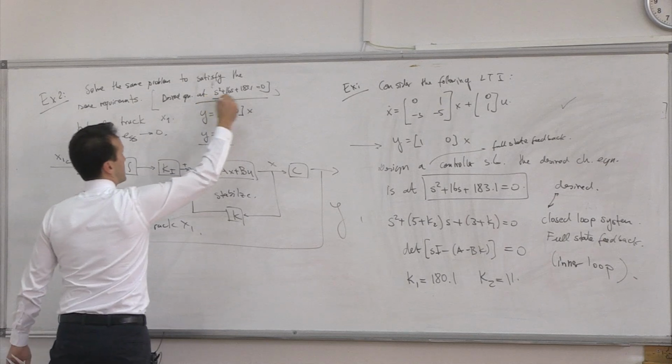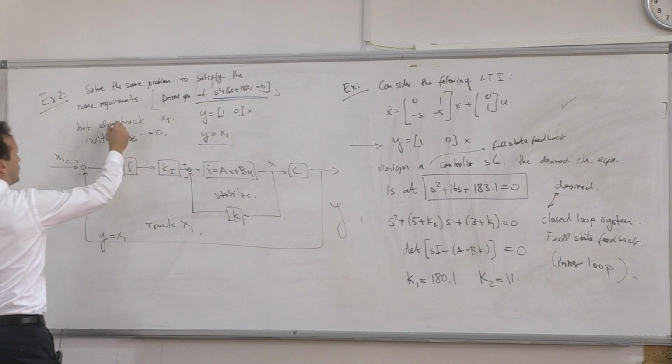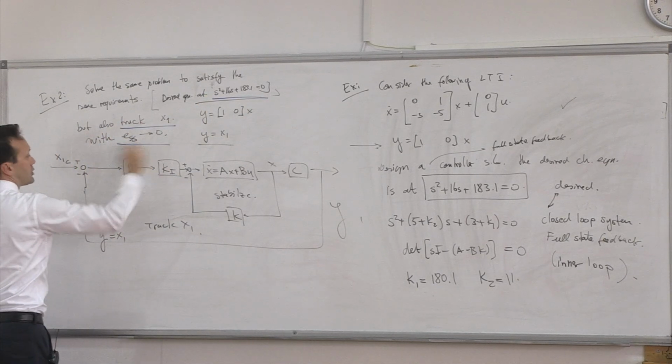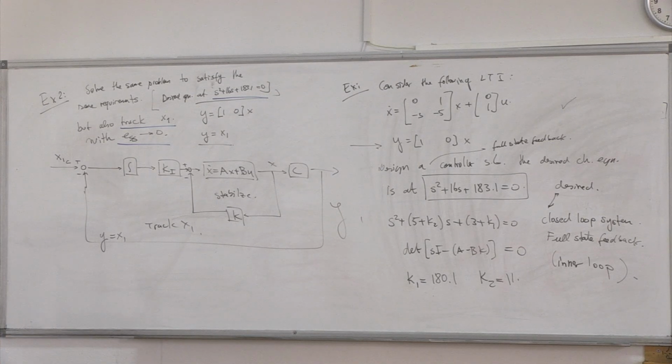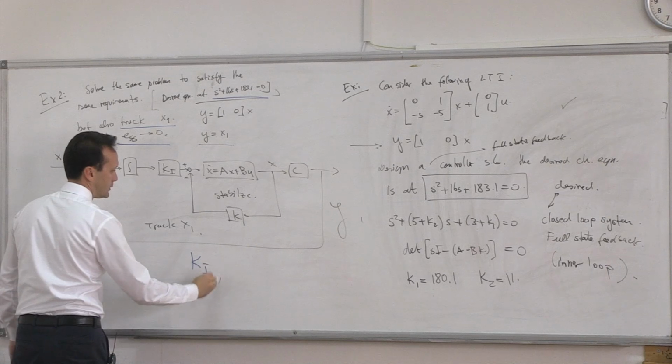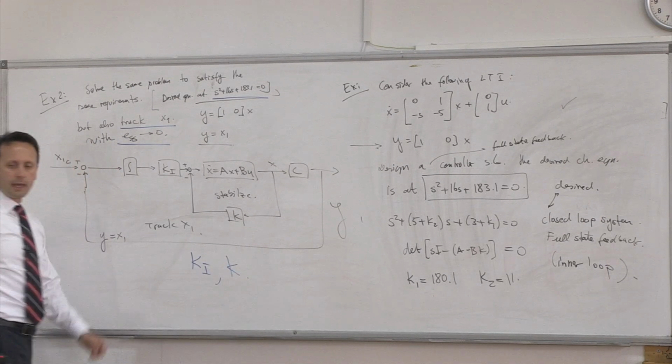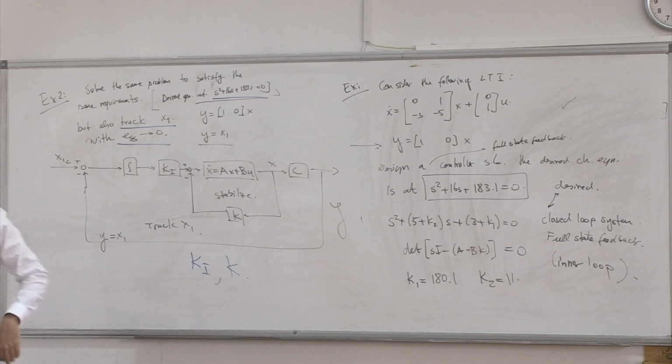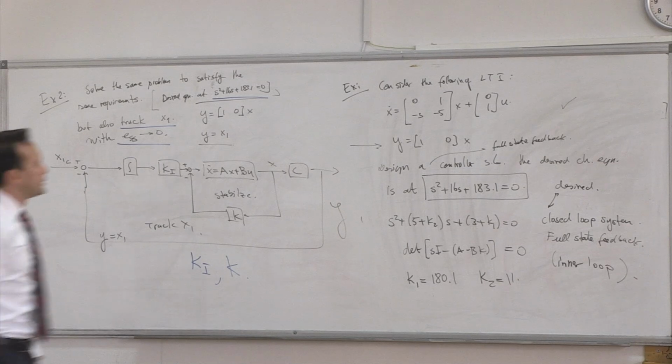We have a few requirements: desired characteristic equation, and we track x1 with the steady state error equal to 0. The problem is to find k and ki, the feedback gains K and Ki. All right? And that is the problem.